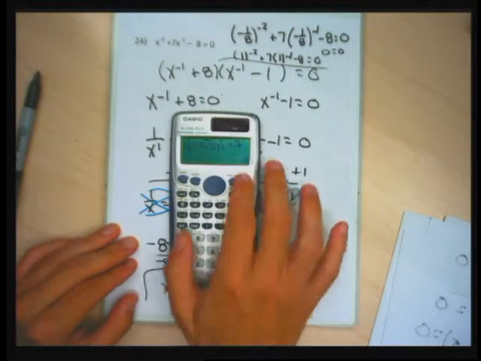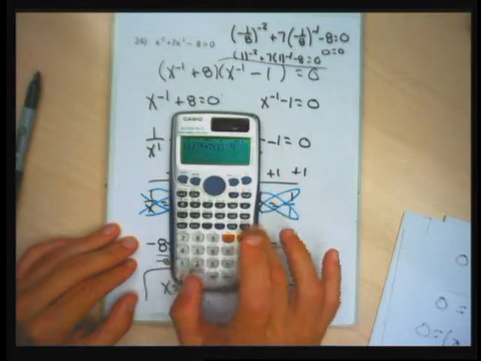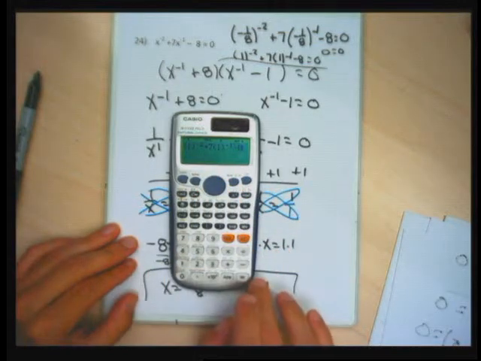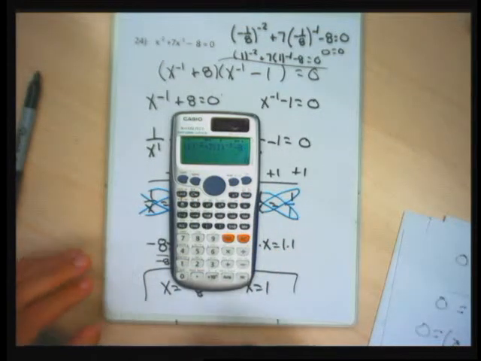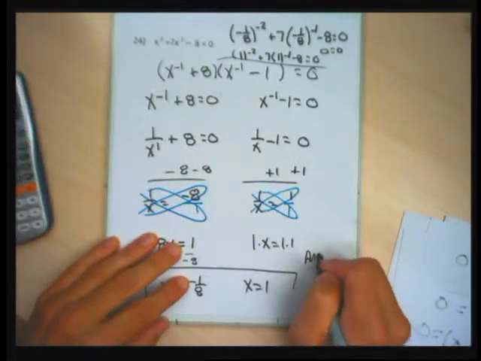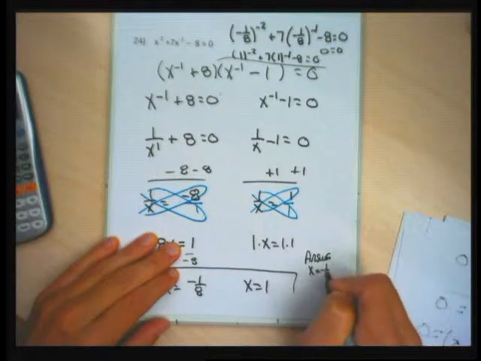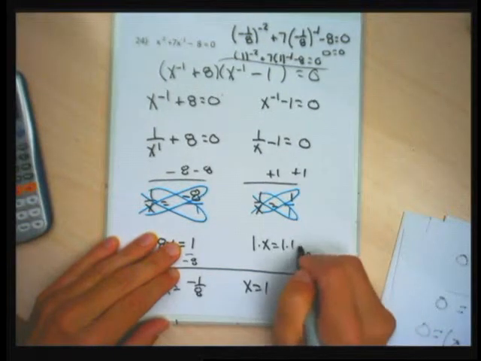I messed up here because I had the minus 8 in the exponent. Let me delete this. Minus 8 properly. And I get 0 equal to 0. So both check. So for an answer, I'm going to write x equals negative 1/8 and x equals 1.